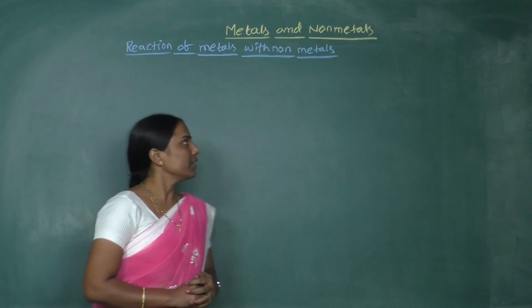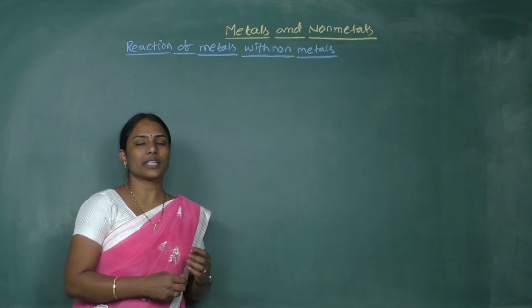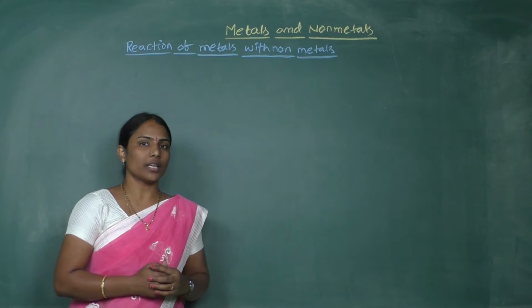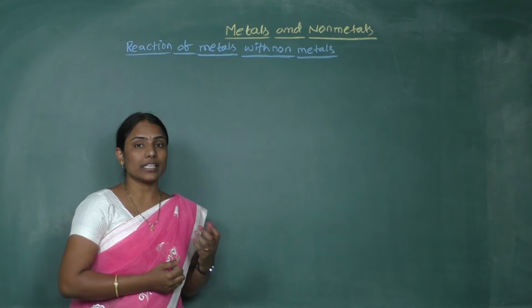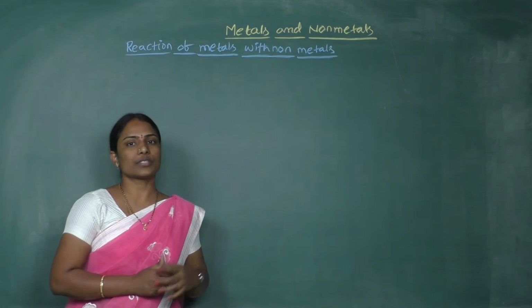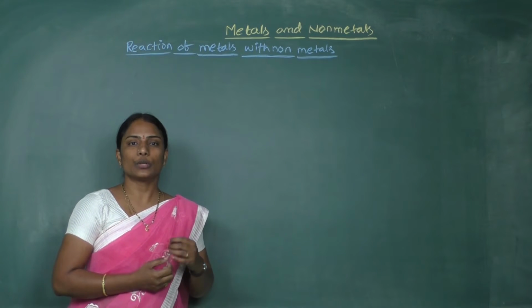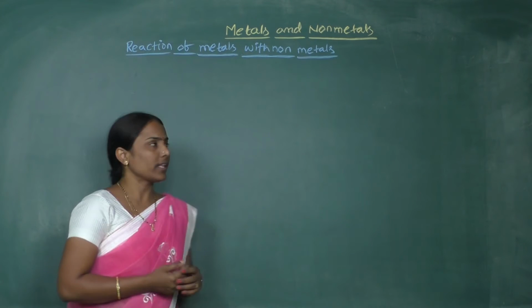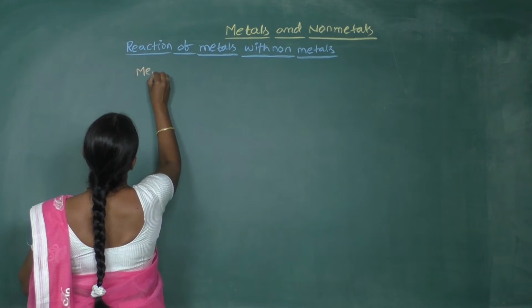See here, once we understand this, the metals' way of reacting is completely opposite to that of non-metals, right? The reason is that metals have the most tendency to lose electrons, but non-metals have the highest tendency to gain electrons.